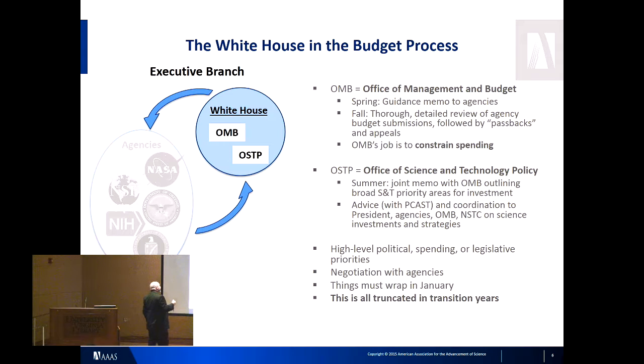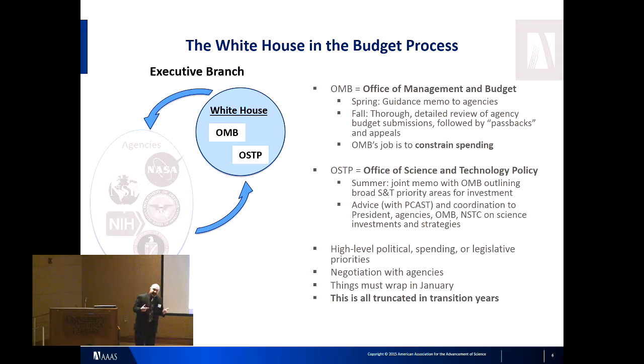And so OMB, I guess a couple things I'll say about OMB. Their number one job in all this, no matter who's running the White House, is to constrain spending. Because, again, budgeting is choosing. Every administration, every White House, every president is going to have particular priorities. And every White House is going to want to make sure that those priorities are well represented in the budget.